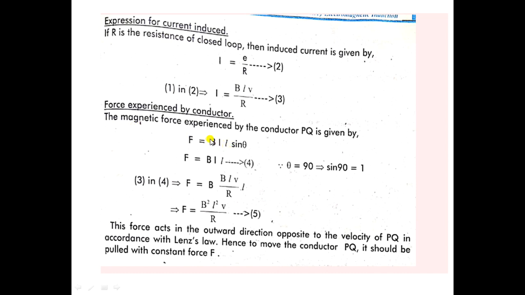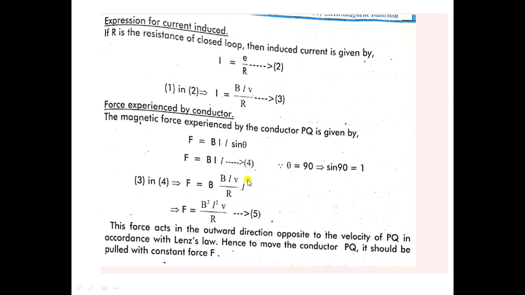Whenever theta is equal to 90 degrees, sin 90 is equal to 1. So F is equal to BIL. That is the magnetic force experienced by the conductor. Suppose that is equation number 4.